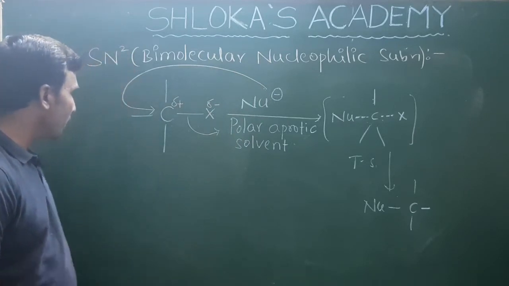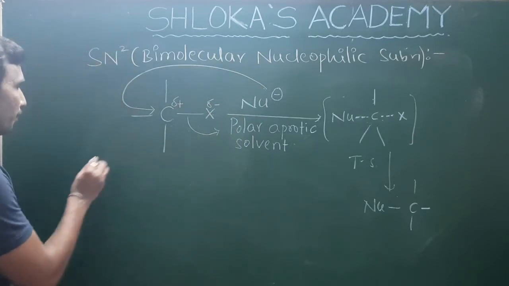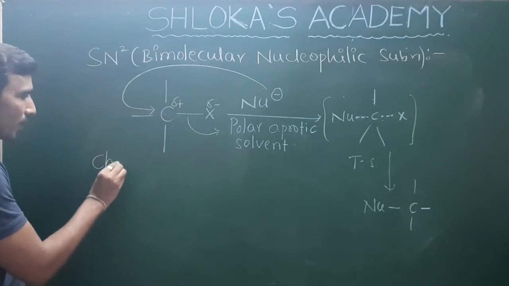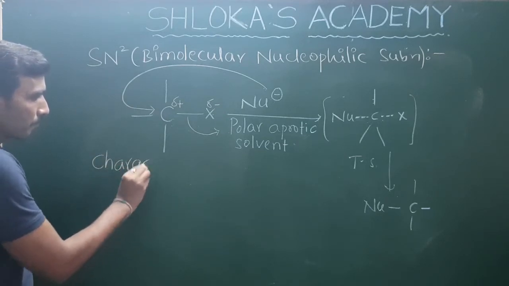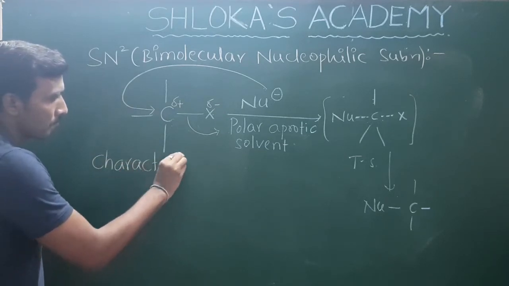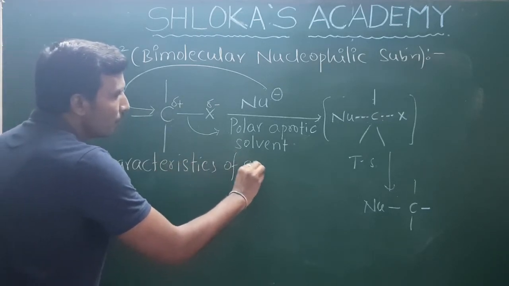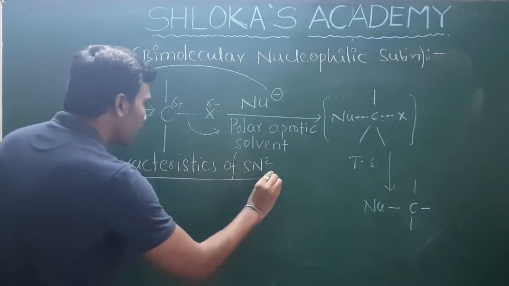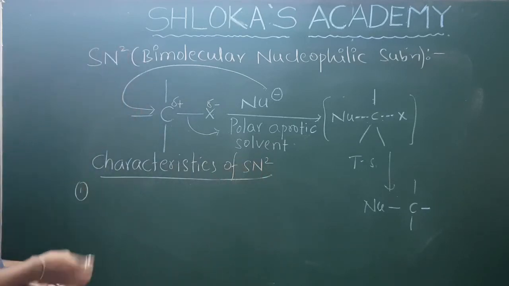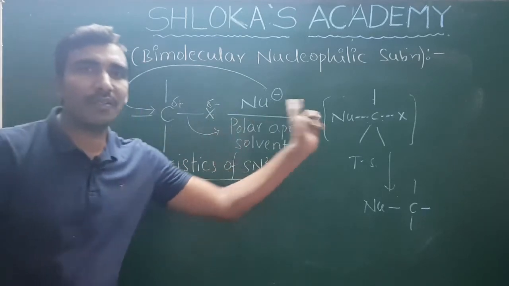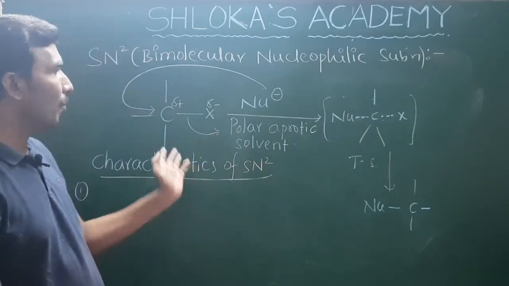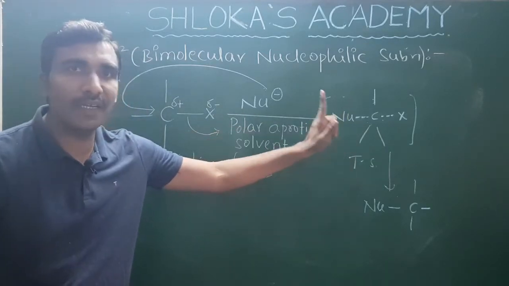Okay, now let us write the characteristics of the SN2 reaction. One by one, let us write. First one. In how many steps is the reaction going to be finished? Only one step. This is not an intermediate.